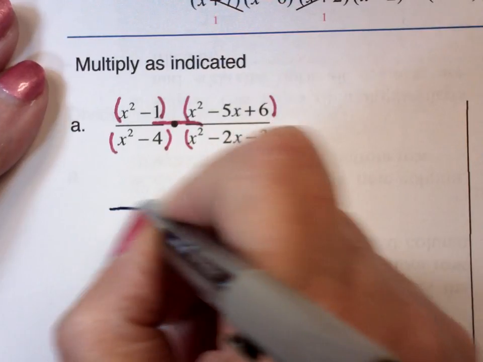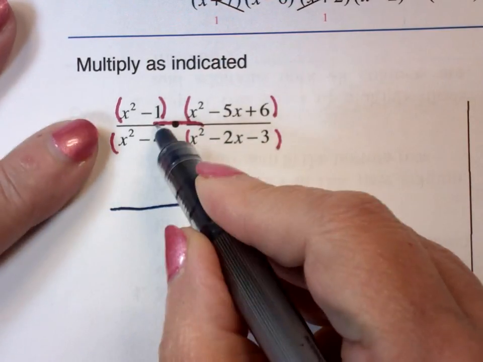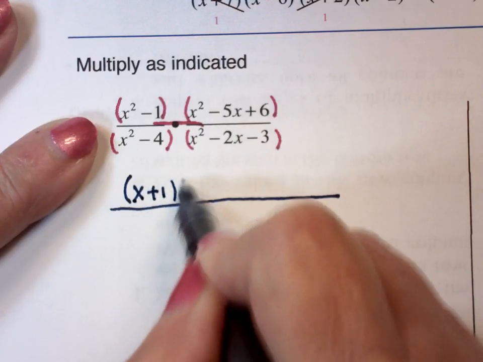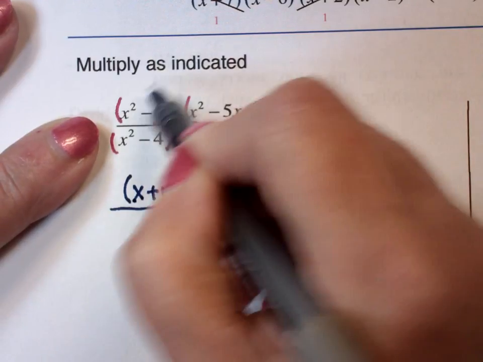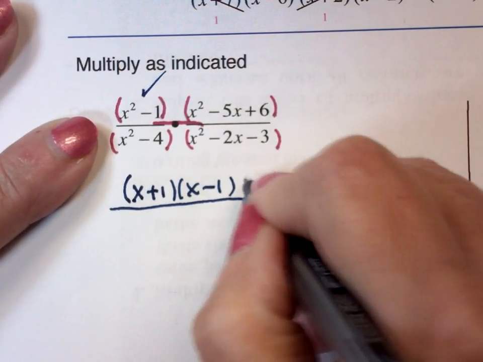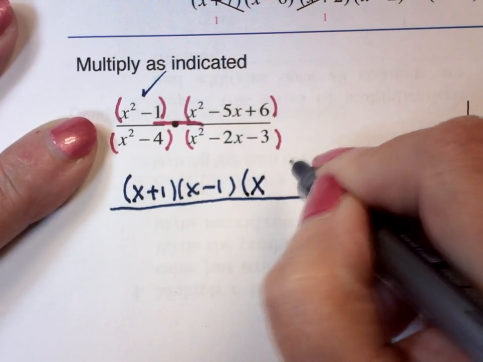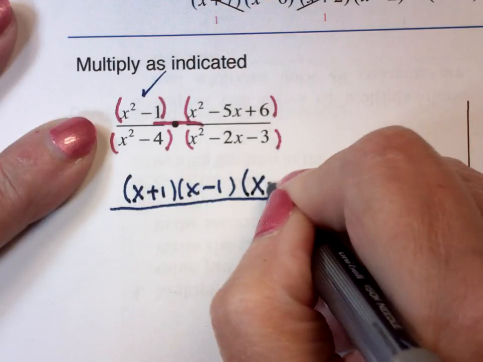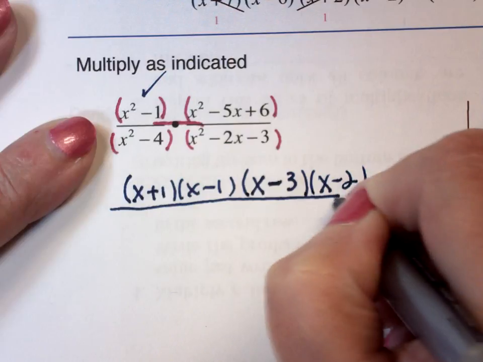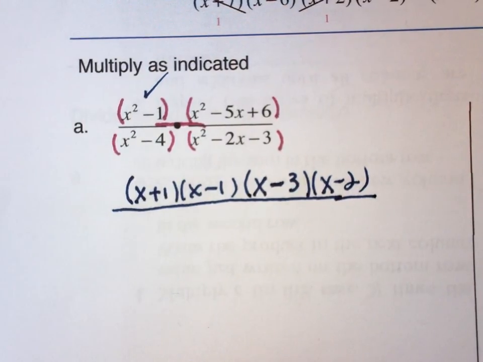So what are you going to do? You're going to factor the numerator, which is x plus 1, x minus 1. That's this guy. Factor the numerator, which is going to be an x minus 3, x minus 2. Here's the good news, that the factorizations are simpler than what you had to face last chapter, for the most part.